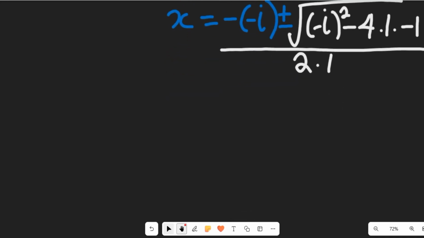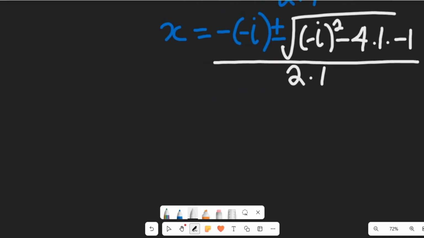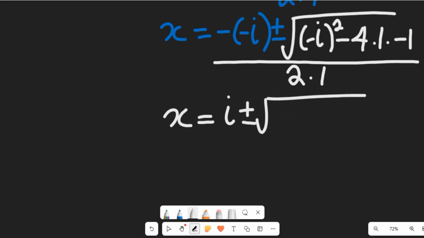So if we simplify this, you will see that the value of our x is equal to minus times minus will give us i plus or minus the square root of, remember minus square will give us plus, so the other one will give us i square, minus times minus will give us plus 4, and all of this will be divided by 2.